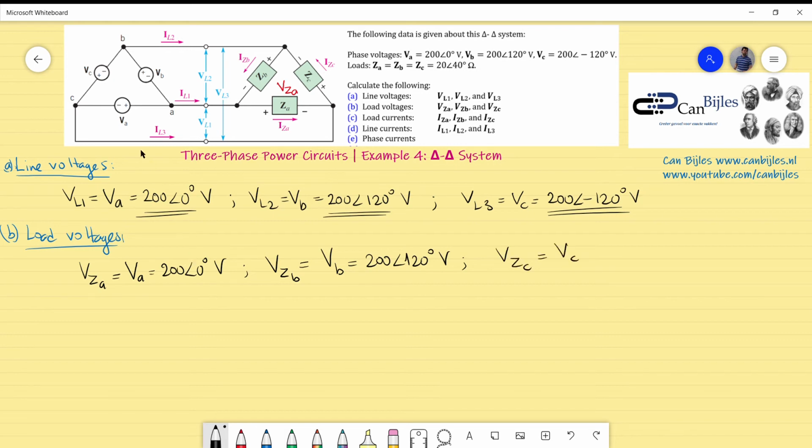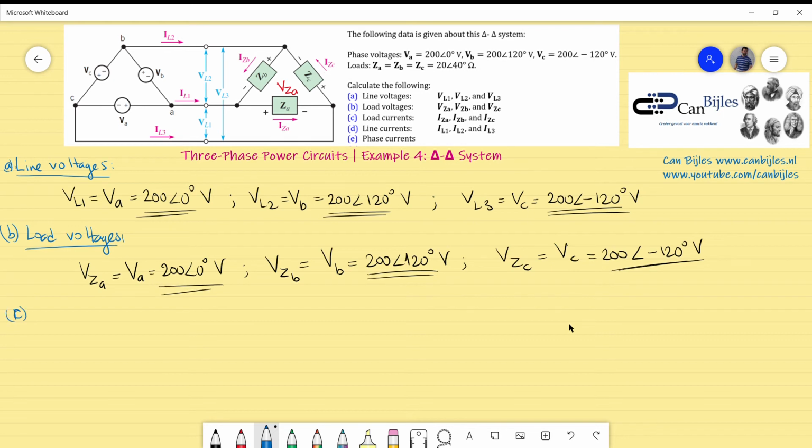If you look carefully, it is from this point to that point, which is exactly from point C to point B, again in the opposite direction. And this will be, again, 200 volts with minus 120 degrees. Now that's also done. It goes very fast, so for questions A and B we have already calculated.